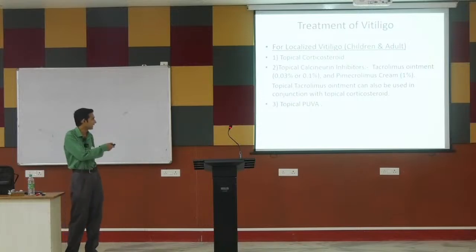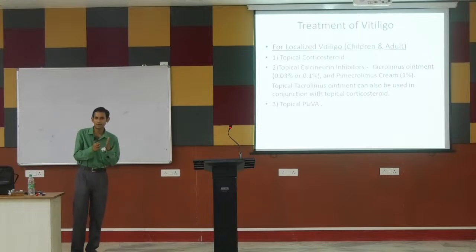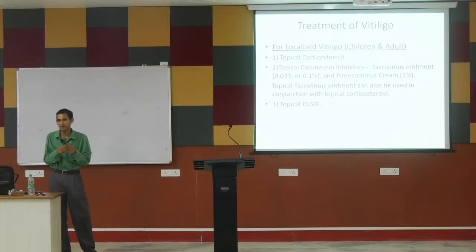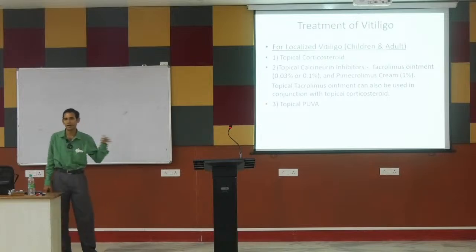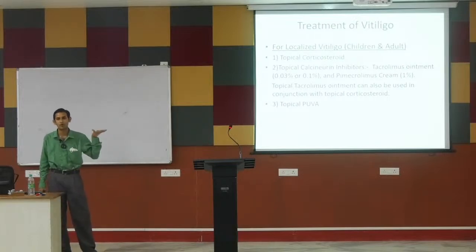The most important thing is that topical tacrolimus ointment can also be used in conjunction with topical corticosteroid. What does that mean? Suppose you have given a topical corticosteroid, for example clobetasol, once daily for 2 weeks, then 1 or 2 weeks steroid holiday, and tacrolimus ointment is given at night. The topical steroid is applied in the evening, and tacrolimus ointment at night, for continuous 4 weeks.